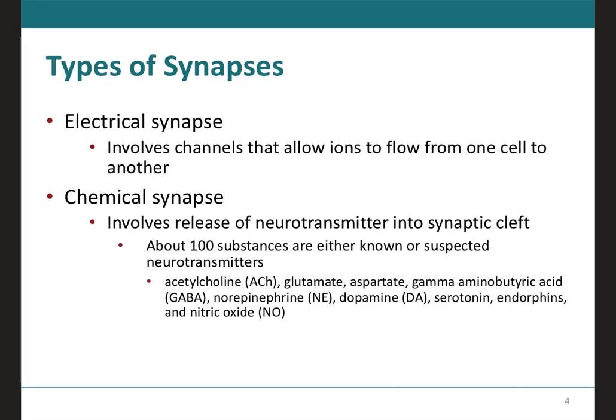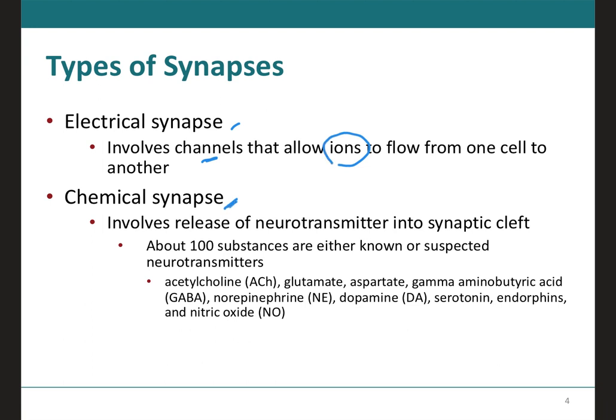Basically, we have two different types of synapse: the electrical synapse and the chemical synapse. The electrical synapse involves the action potential, which we talked about in the previous learning outcome. So it's going to involve channels that allow ions to flow from one cell to another.